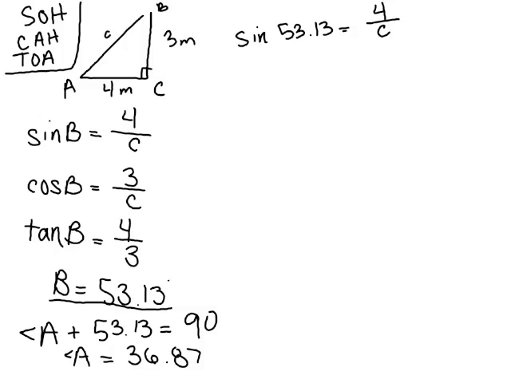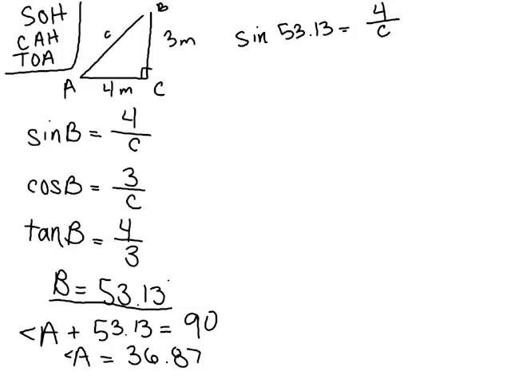How do I get that little c all alone? Here's a little shortcut. The long way is to multiply both sides of the equation by c, so that it comes out from the bottom of the fraction, and then divide by the sine of 53.13 on both sides so I can get the c alone.